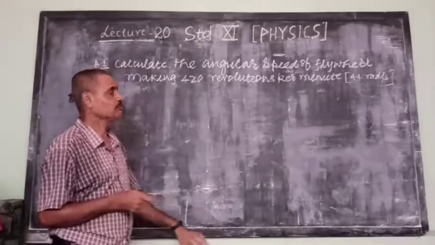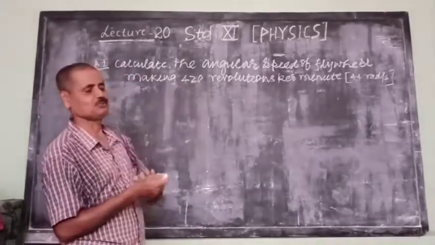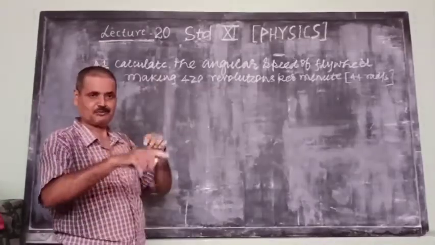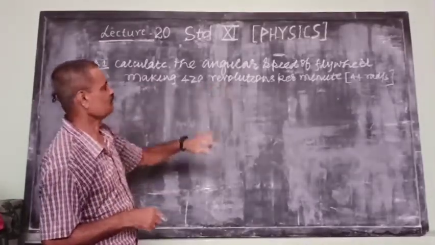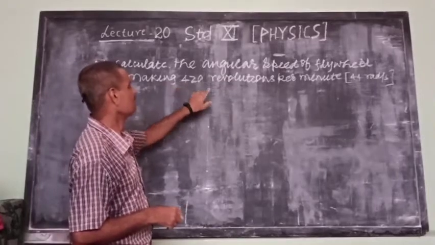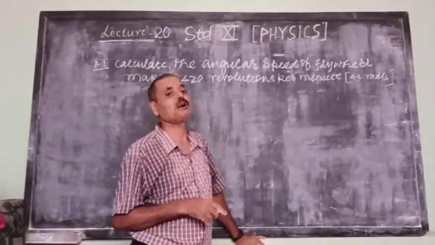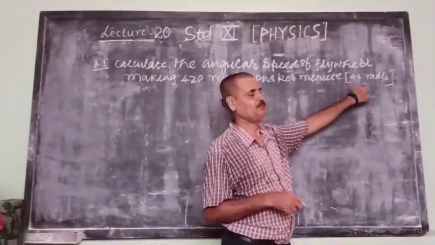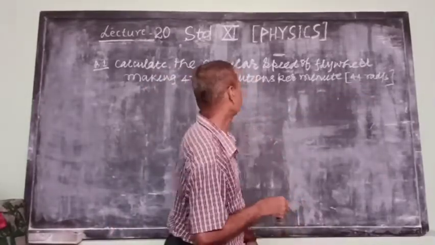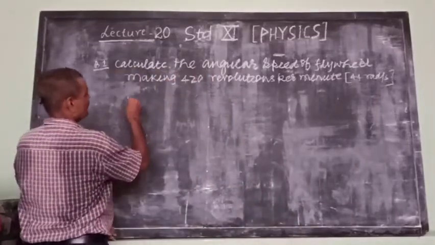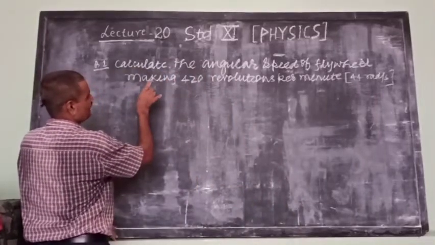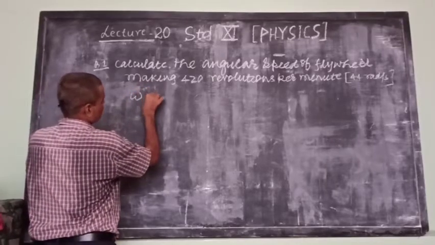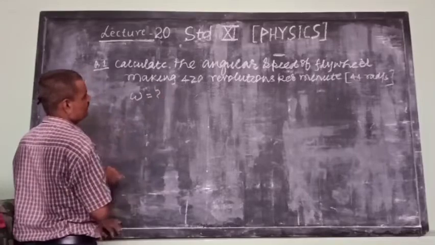This is the problem. Calculate the angular speed of a flywheel. Have you seen a flywheel? Angular speed of a flywheel making 420 revolutions per minute, and the answer is 44 radian per second. From the given question, what is given? Calculate the angular speed, it is omega. The demand of the question is omega.